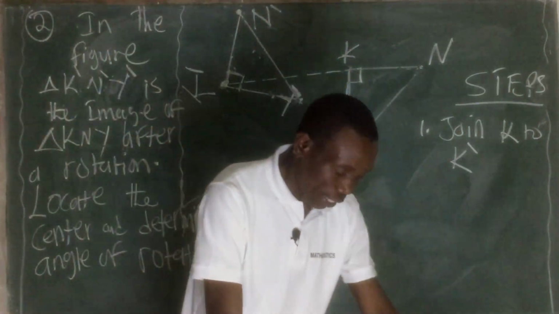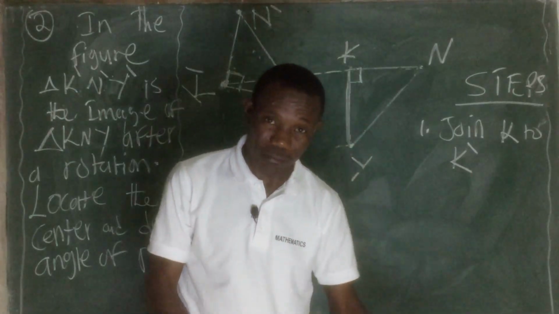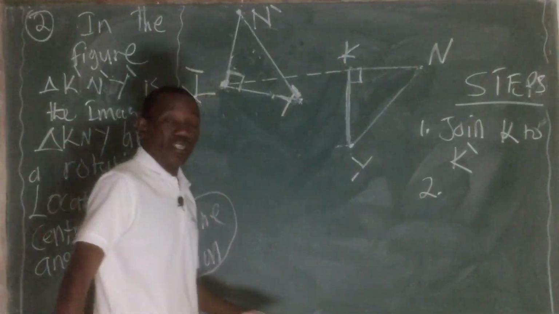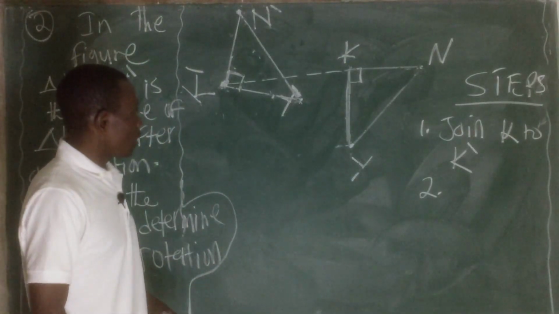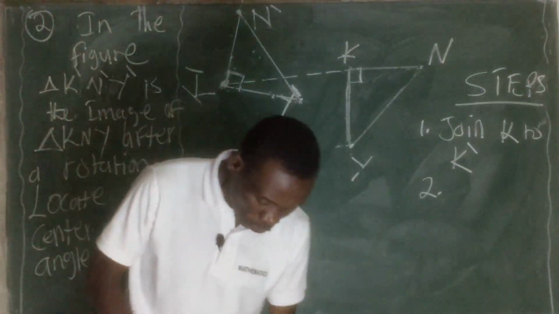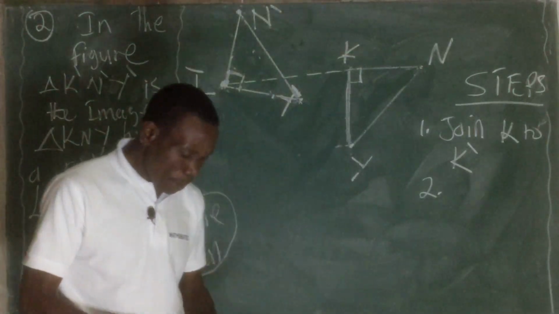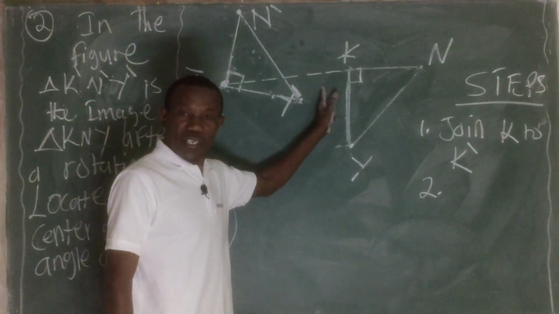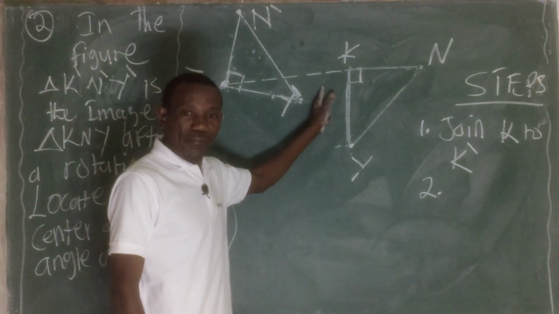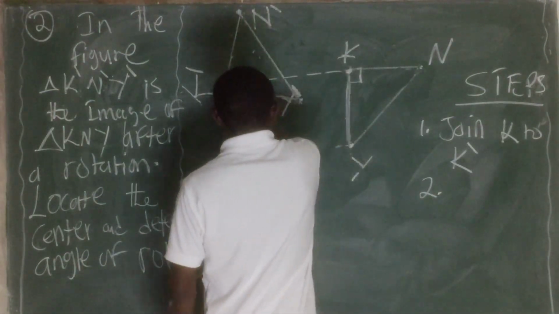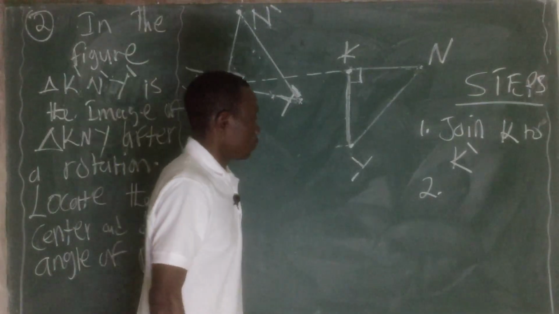Now, once I've done that, what is the next thing in attempting to come up with the center of rotation? We are going to produce what we call the mediator. It's more like the midpoint of this line. Let's have the mediator of k prime k.